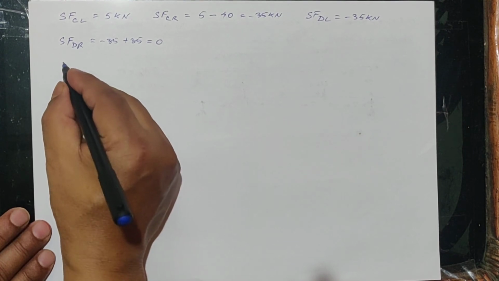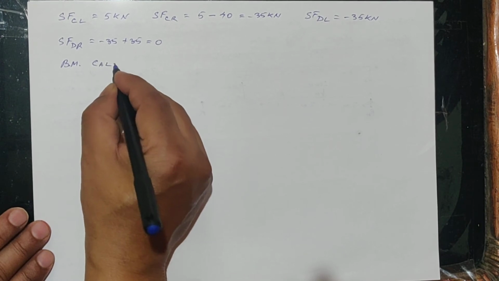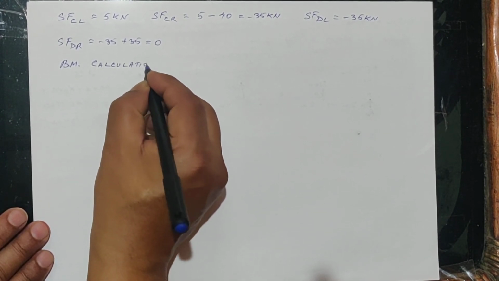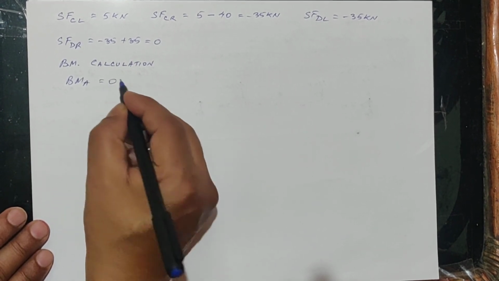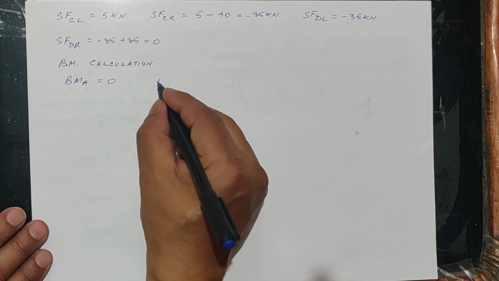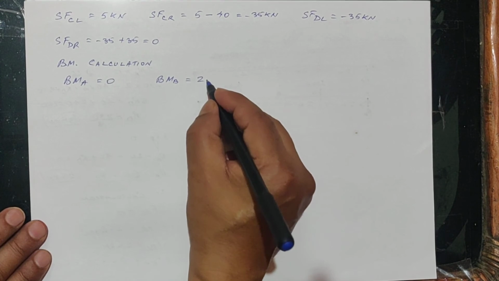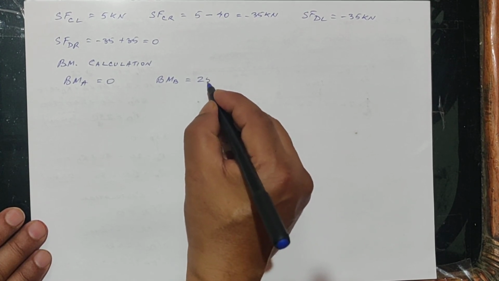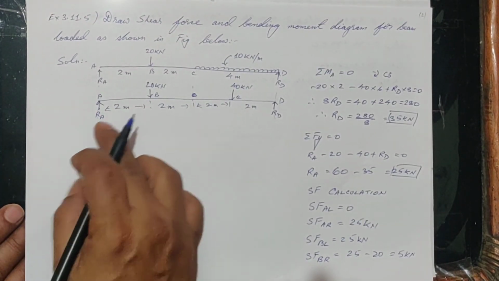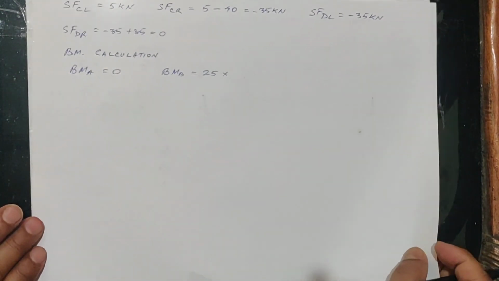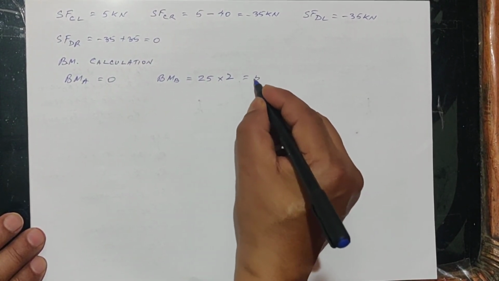Now we will do the BM calculations. BM at A is equal to 0. BM at B is equal to 25 multiplied by the distance. This distance is 2, so it will be multiplied by 2, which is equal to 50 kilonewton meter.